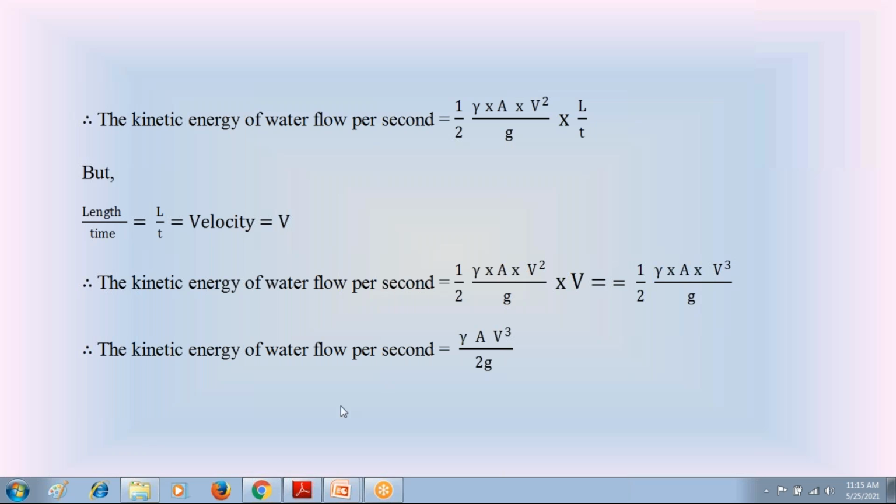Up to this derivation of kinetic energy of water flow per second, gamma A V cube by 2Z, if anybody is having doubt, please ask me.